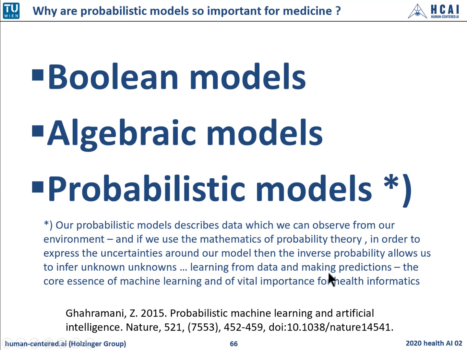That means learning from data and making predictions, the core essence of machine learning and of vital importance for health informatics. So you see, these unknown unknowns, this is very important. This is getting to know completely new insight into data. Unknown unknowns. So this is very, very important. Therefore, I have emphasized this in this slide.